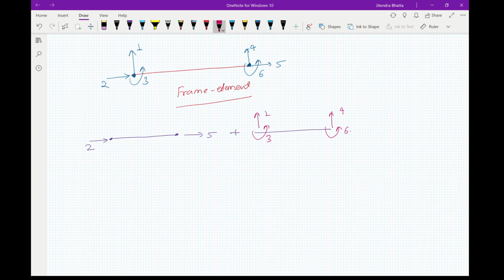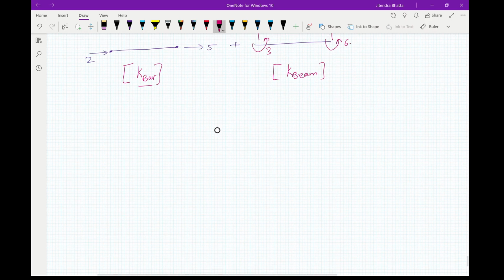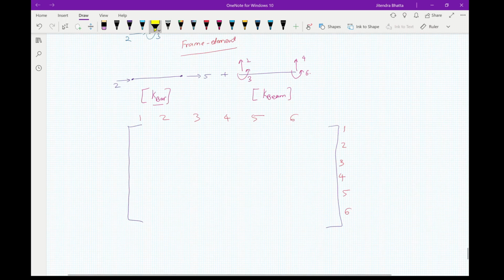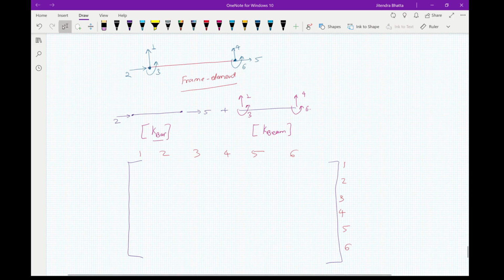So what you have to do is combine the stiffness matrix for your bar element with the stiffness matrix of the beam element in their respective degrees of freedom. So what you'll get is a big matrix which will be a 6 by 6 matrix.